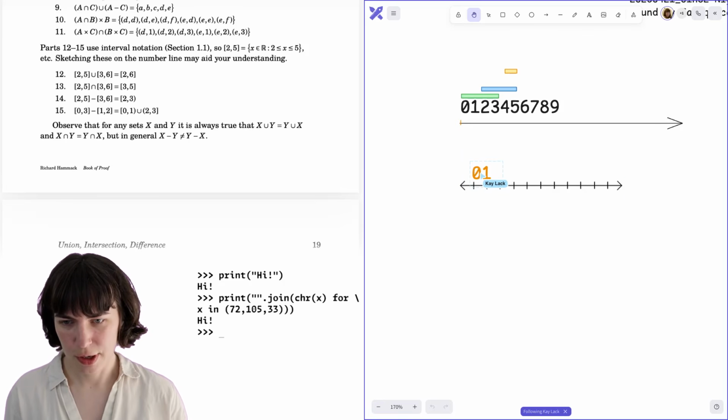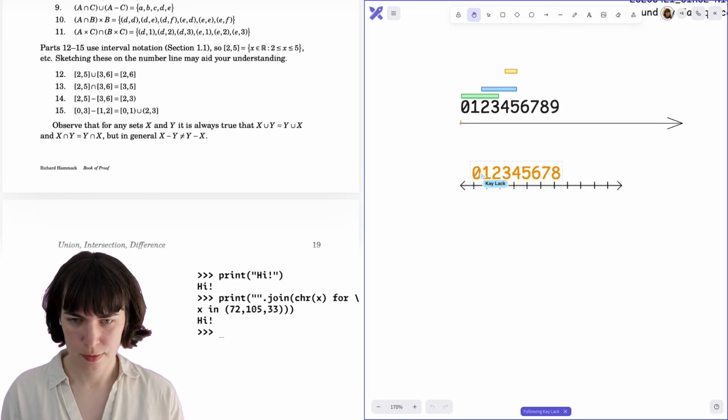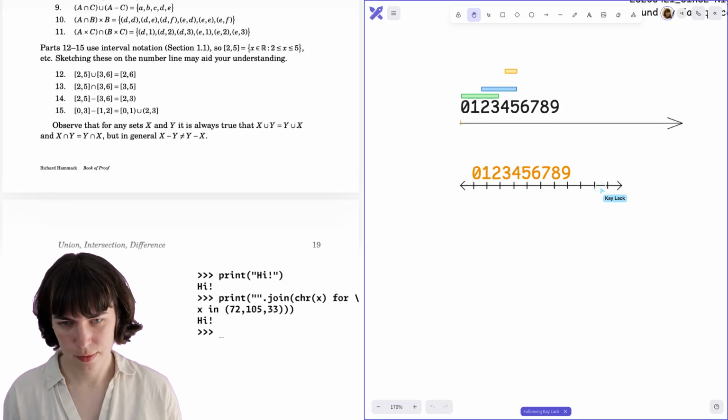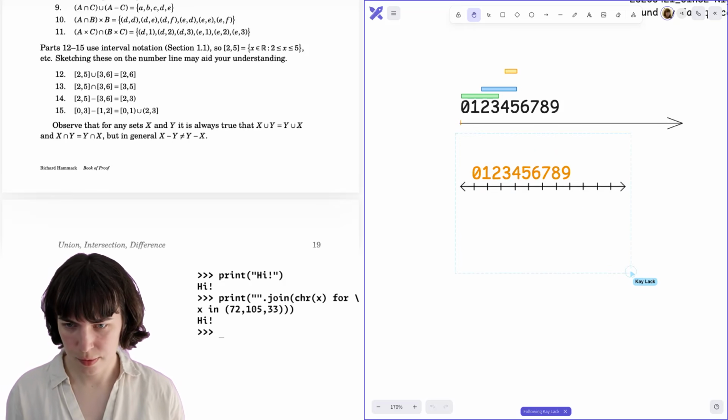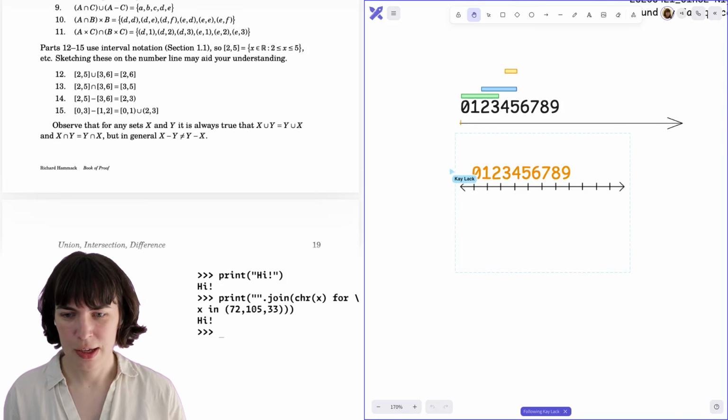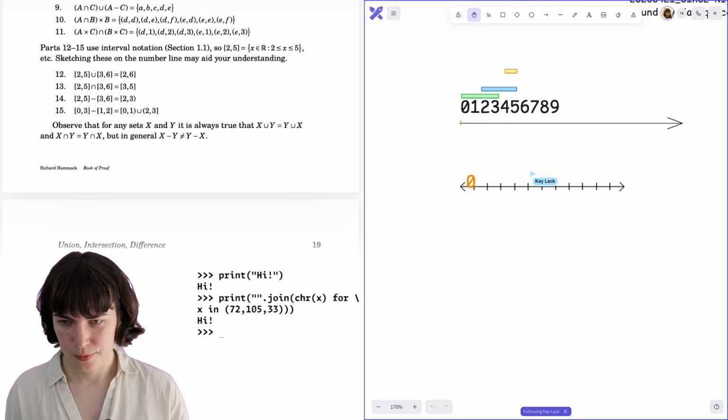Okay, let's try and get this right. Wow, this is not going to be... Okay, I'm going to have to do it the hard way. Fine. Just do it the hard way. That's too hard.